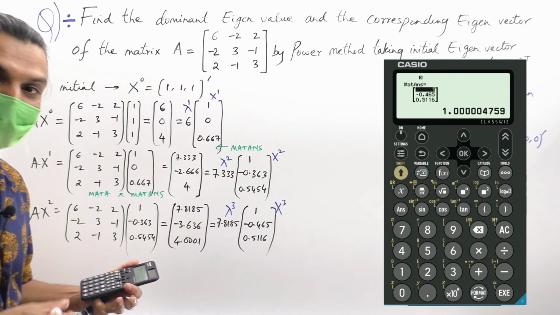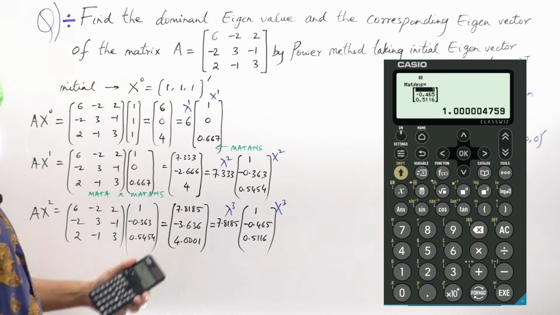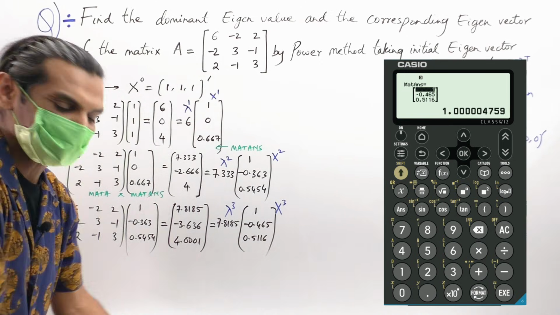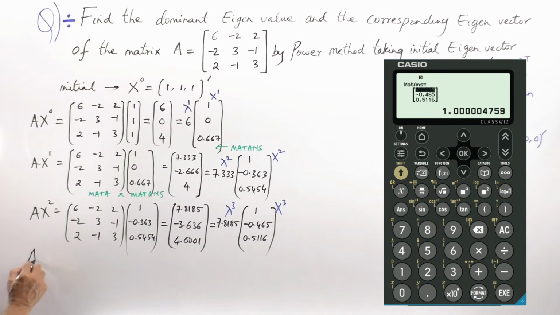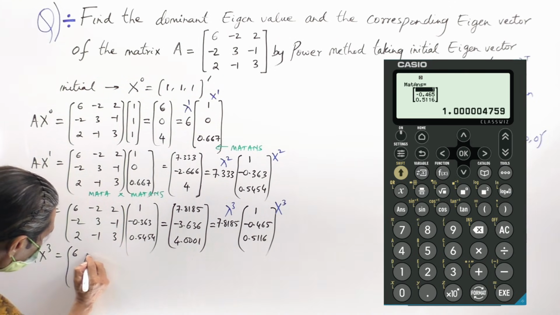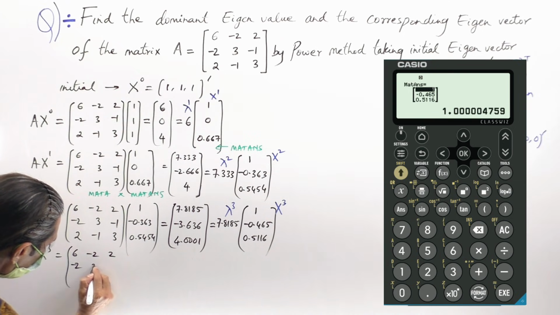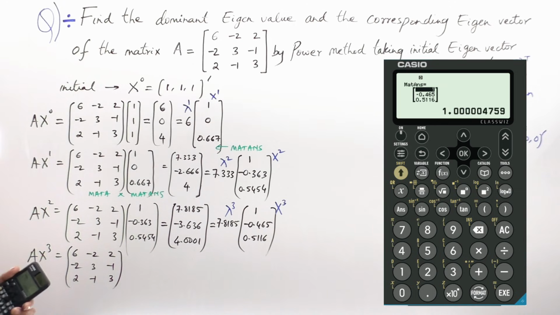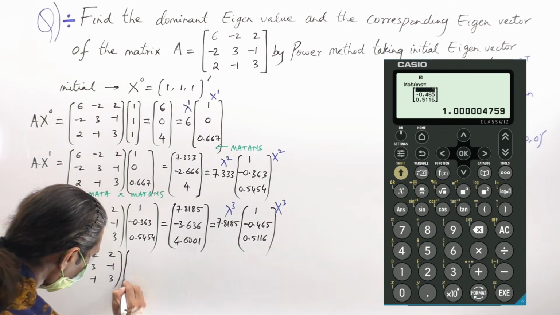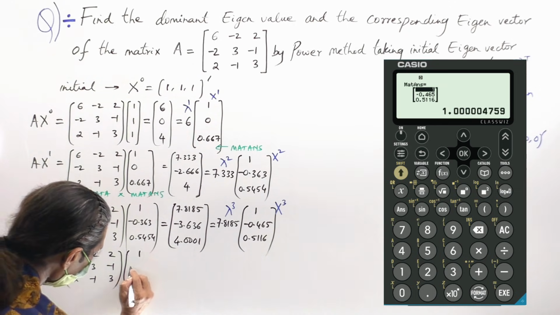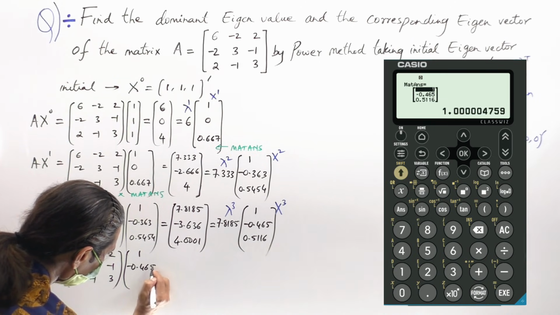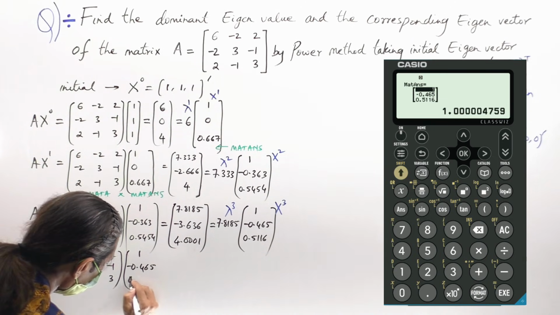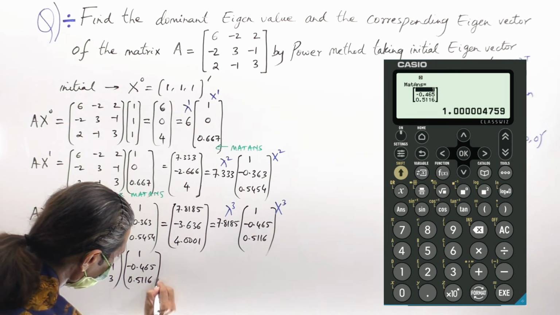That's it. Fine. So let's again repeat the same iteration. Again, A into x3 is equal to, what's that? A into x3, 6 minus 2, 2, again minus 2, 3, minus 1, 2, minus 1, 3, into again we have 1 minus 0.465 and 0.5116.